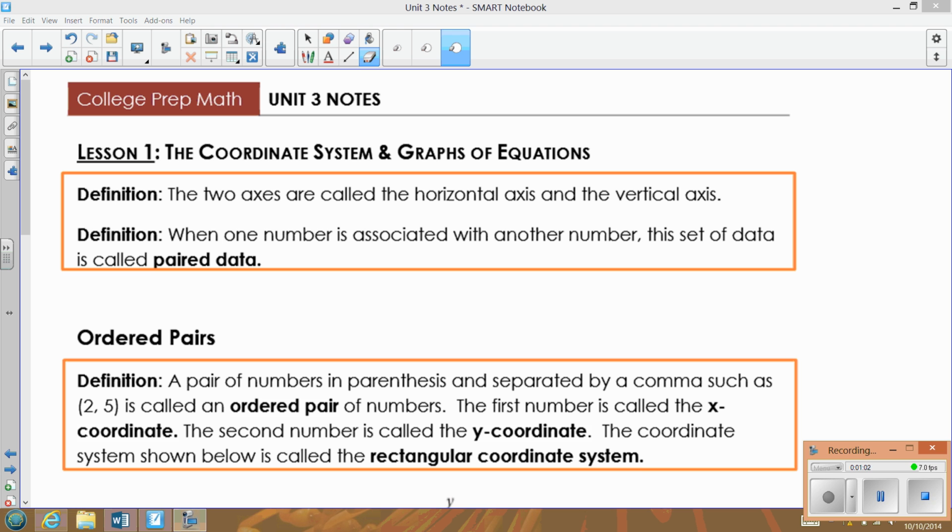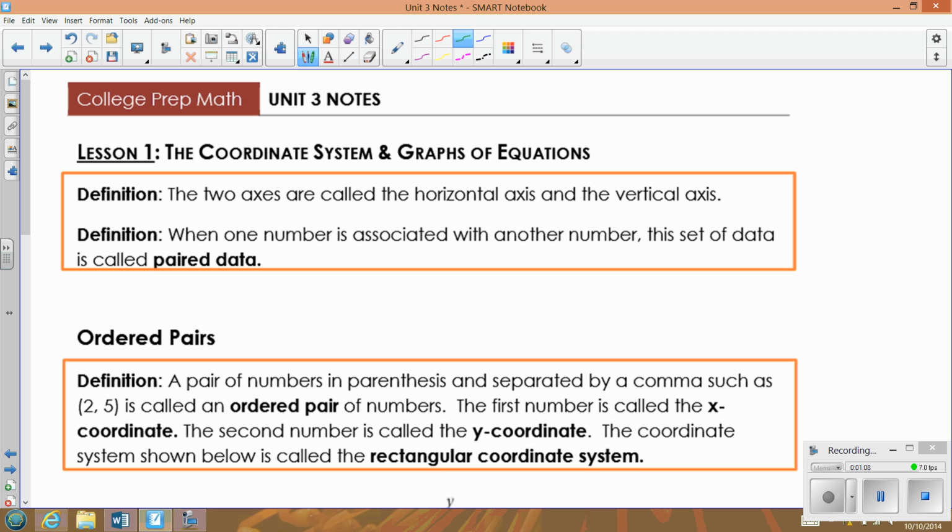Next thing, when we think about a graph, we talk about ordered pairs. So ordered pairs, as we know them, are our x, comma, y. So x is in relation to the horizontal axis, or the x-axis. So this is always going to be how much you go right or left.